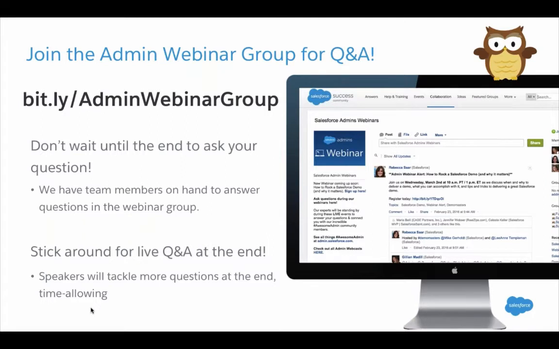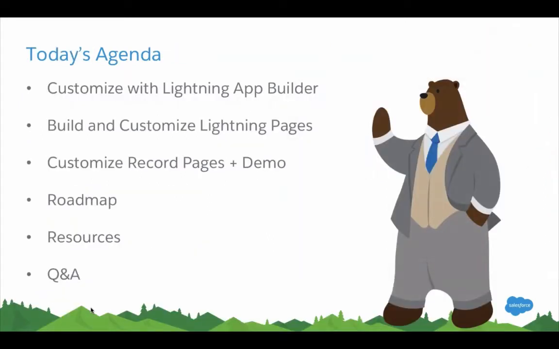So, what are we talking about today? Today we are learning more about all of the things you can do to customize your Salesforce experience with Lightning App Builder, and specifically how you can build and customize Lightning pages and customize those record pages, so standard and custom object record pages, and we're even going to see a demo of how you can do that, customize your pages, control who can see them.